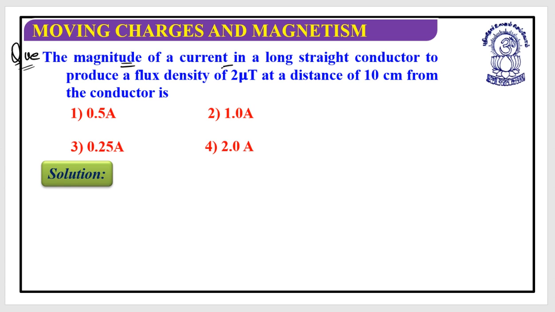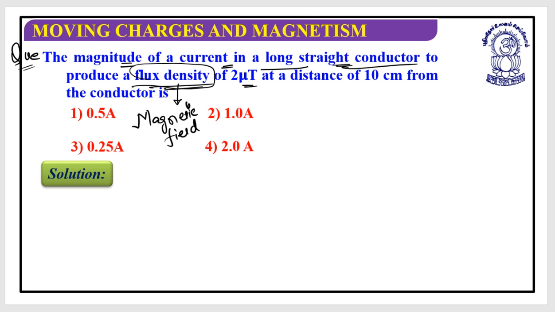Let's have a look. The magnitude of a current in a long straight conductor to produce a flux density, again a new keyword to represent magnetic field, of 2 microtesla at a distance of 10 centimeter from the conductor.